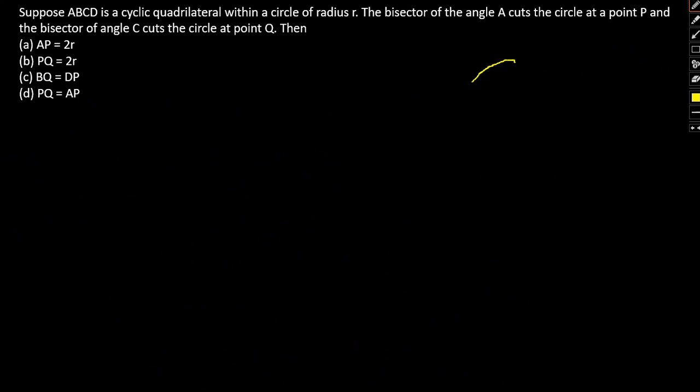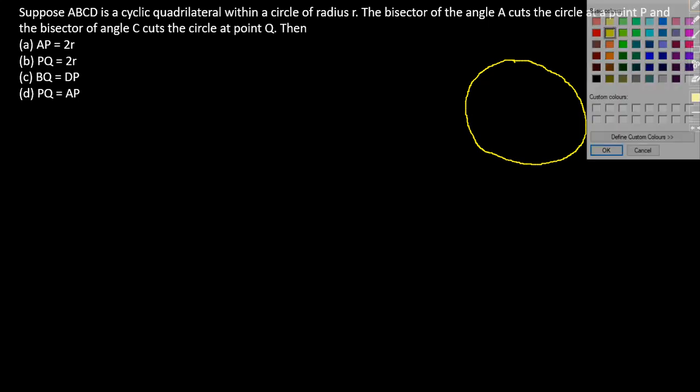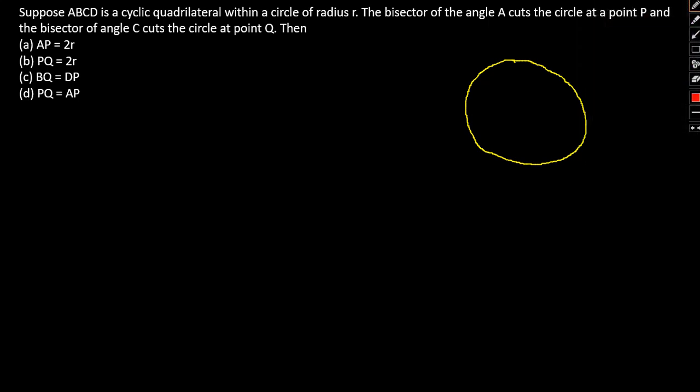See, this is my circle. Now what we have is that ABCD. This point here is A, this point here is B, this here is C, and this here is D. Okay, so let me draw this quadrilateral.